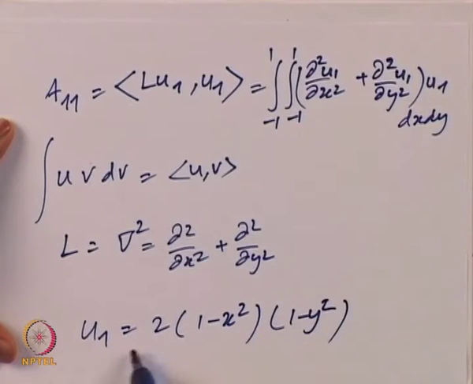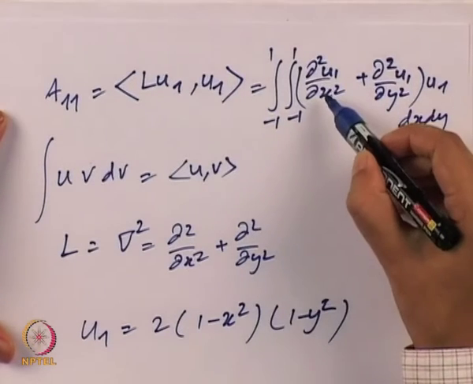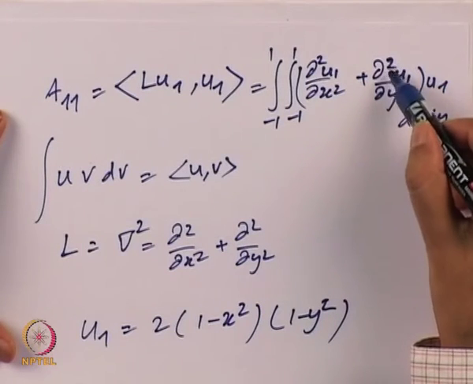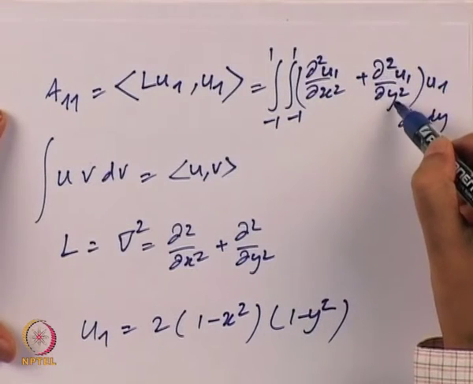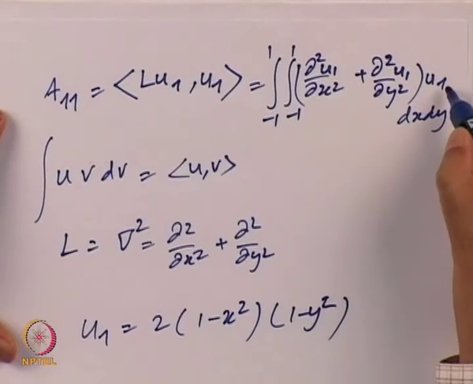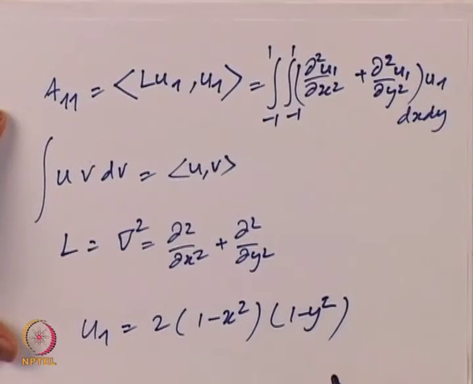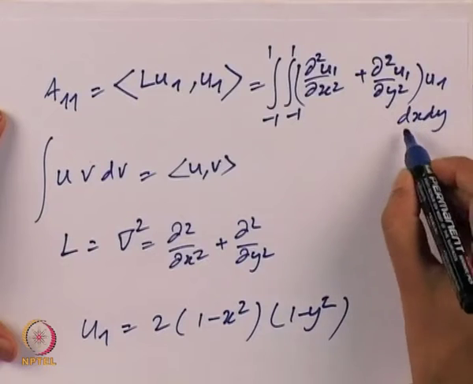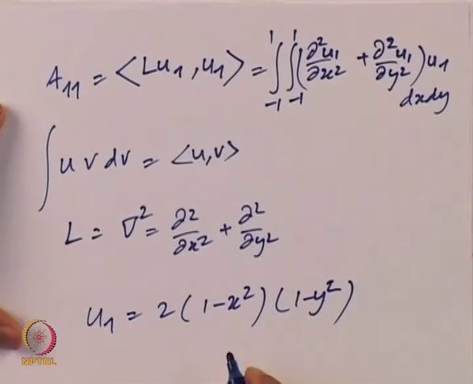And I am going to differentiate this twice with respect to x and add it with the result I get after differentiating twice with respect to y, and multiply it with u1, and this is going to be again multiplied by dx dy, and that is what I am going to do exactly now.